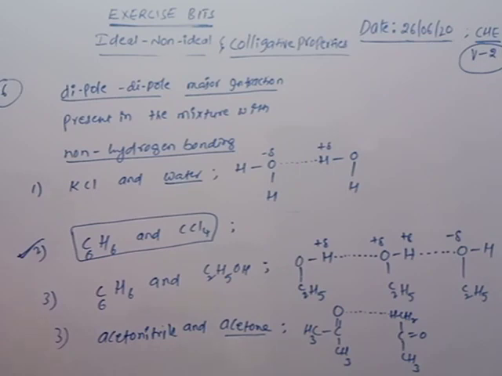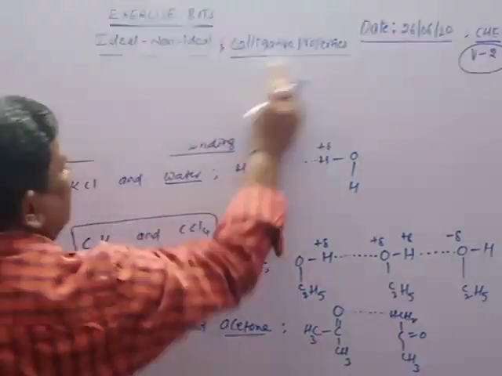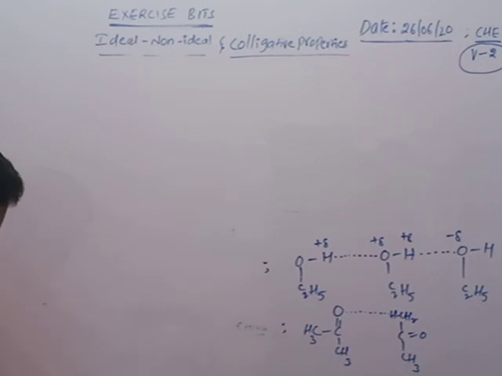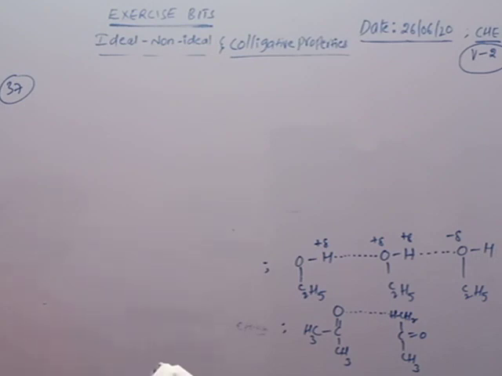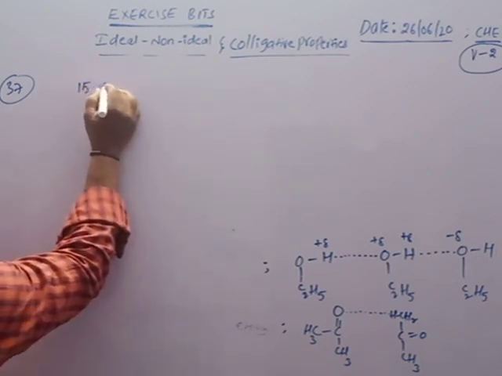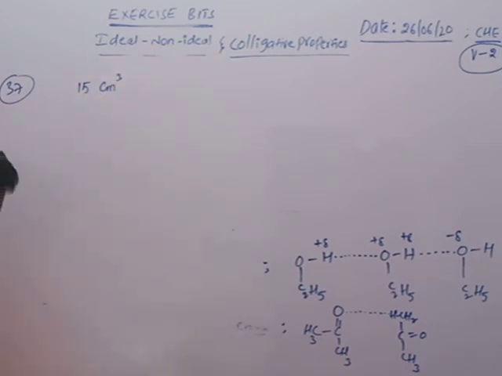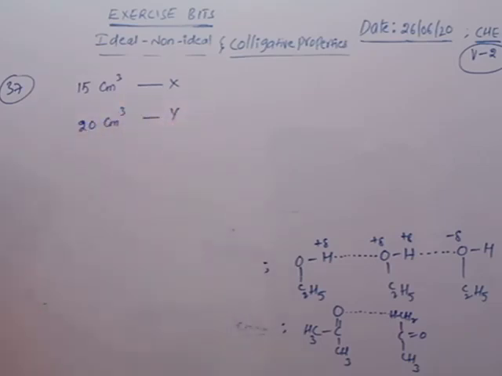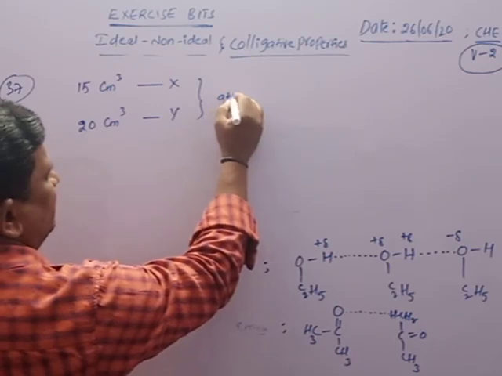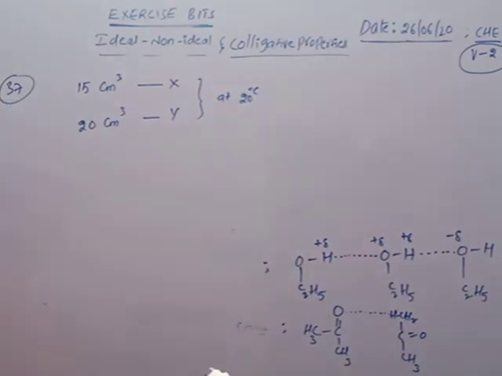Question number 37. 15 centimeter cube of liquid X and 20 centimeter cube of liquid Y are mixed at 20 degrees centigrade temperature.